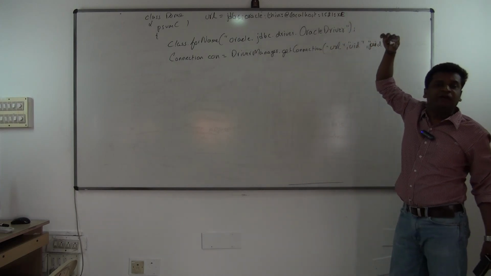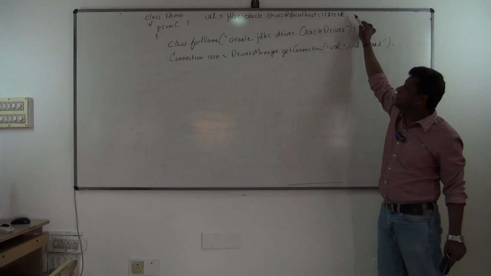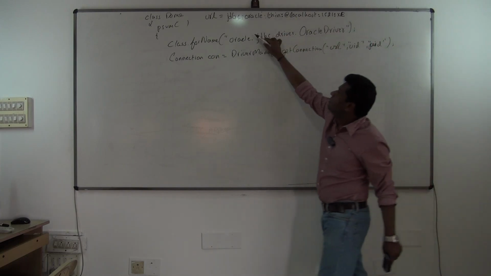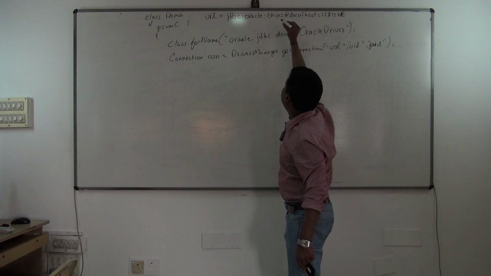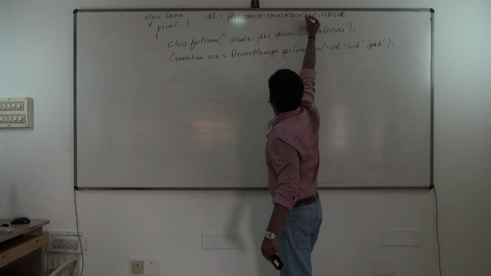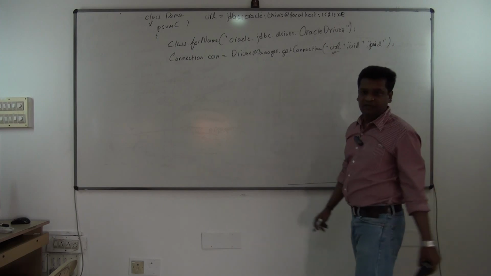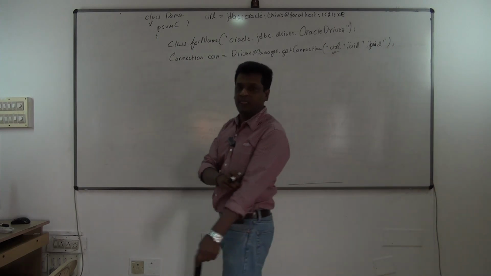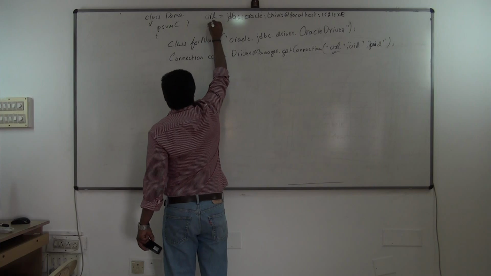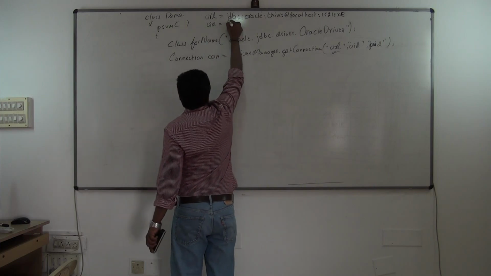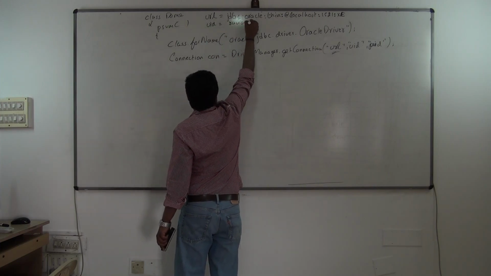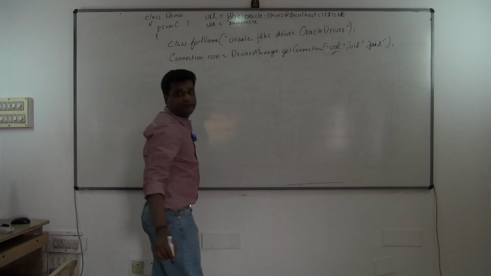When you install Oracle, by default one instance is created, called XE. This entire value, jdbc:oracle:thin:@localhost:1521:XE, you have to replace here. Since I don't have space, I am writing it like that. Next, UID means which schema you want to connect to: Ravi Oracle. You replace it there.